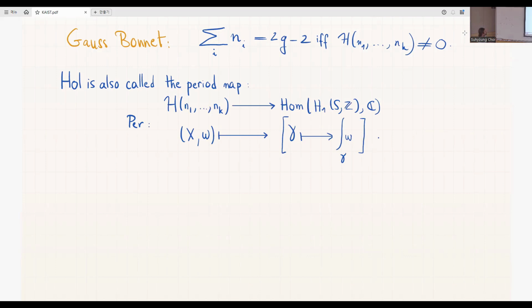If I take (X, omega), the holonomy of (X, omega) will just be the homomorphism from H1 to C, or pi 1 if you want, that to gamma associates the integral of omega along gamma. These period maps are very important to study translation surfaces. If you extend them a little bit, they give you charts on those H(n1, ..., nk).